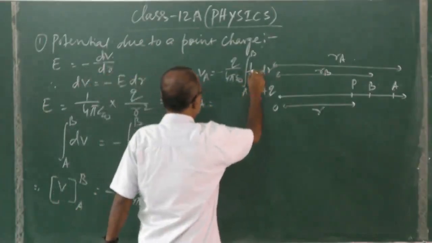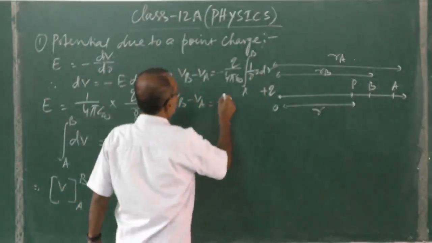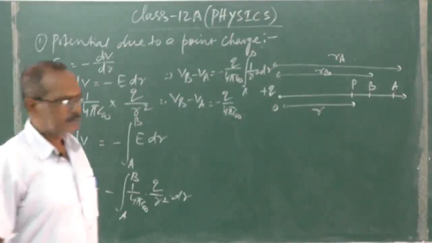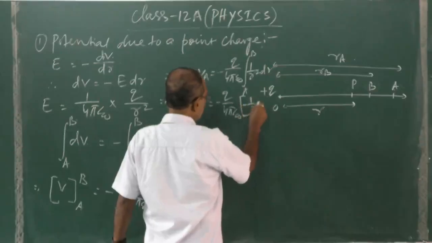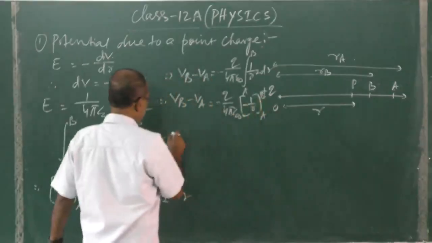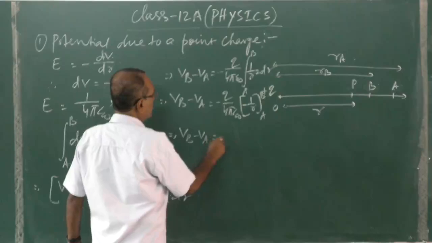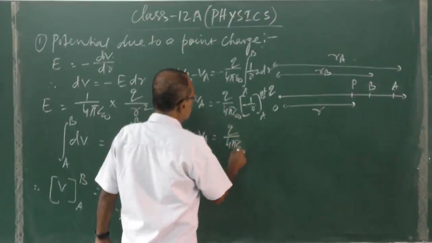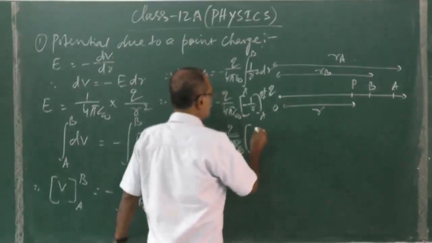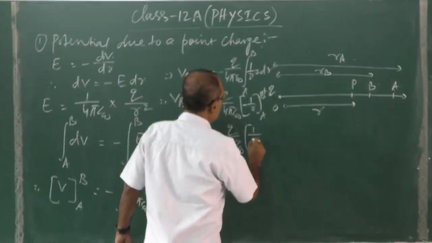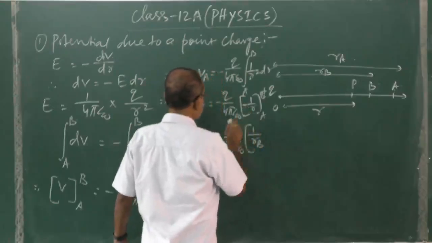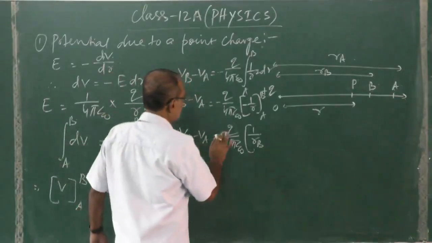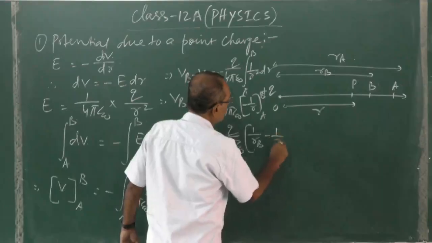The integrand is R square. So minus Q by 4 pi epsilon naught, the integration of 1 by R square is minus 1 by R, from A to B. Now VB minus VA is equal to minus Q by 4 pi epsilon naught into minus 1 by R from A to B; minus minus is plus. So VB minus VA is equal to Q by 4 pi epsilon naught into (1 by RB minus 1 by RA).